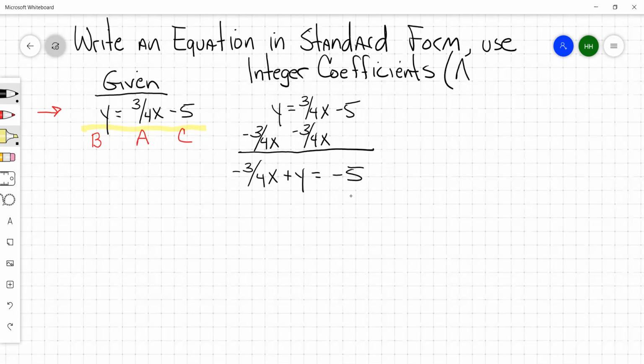What that means is A and B need to be whole numbers. Your A and your B values need to be whole numbers. In this case, you have a 3/4.